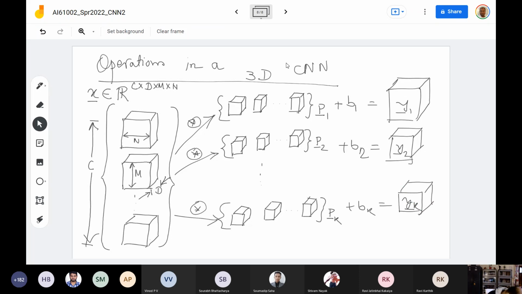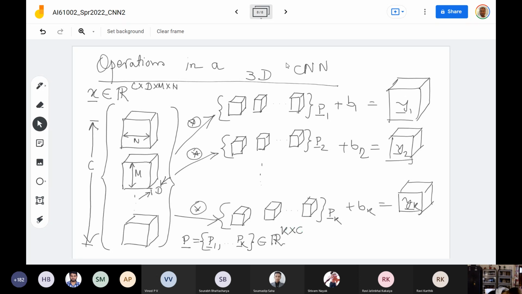Now, what is this P? So this P is now a concatenation of all of this P1 to Pk. As a result of which this P has, so how many such kernels are there? K. Now each will have C number of channels, which is the same.